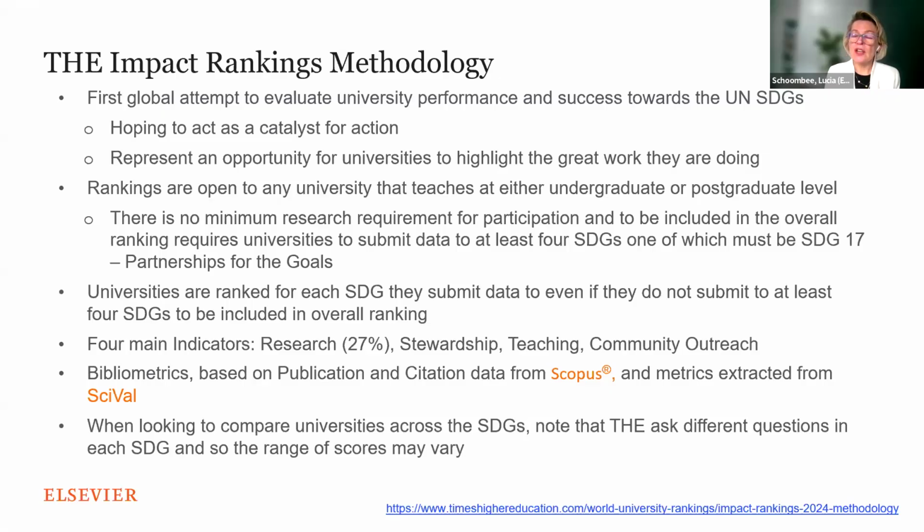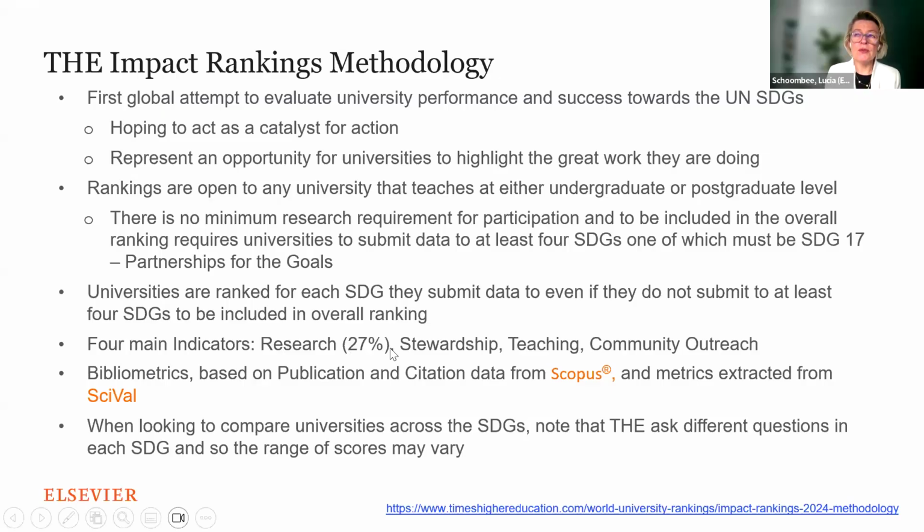So it's a big challenge for institutions to show what is their contribution towards real life problems, and the Sustainable Development Goals really give us that opportunity, that link, and that framework to show what we are doing towards real world challenges.